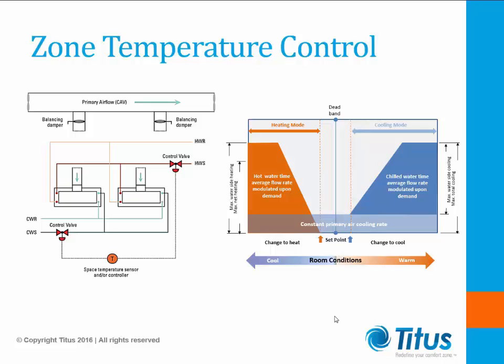And so as the room moves out of the dead band of the thermostat, as it calls for heating or it calls for cooling, the thermostat's going to send a signal to the control valve to modulate open or close until the set point's met and you're controlling space temperature. Pretty straightforward.